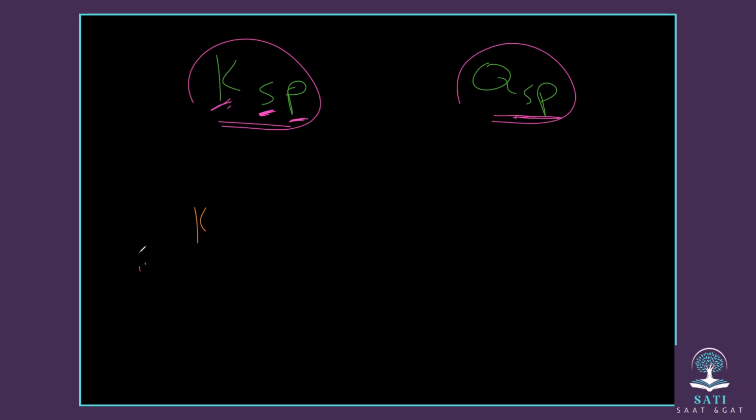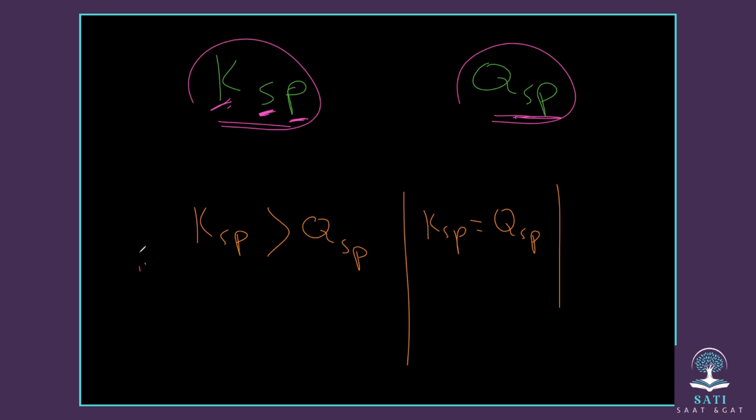What are these ones? You have when KSP is greater than QSP. And you have one state when KSP equals QSP. And you have a third state when KSP is less than QSP. Okay, in this case, what will happen? You just need to remember, when K is greater, that means this solution is unsaturated.